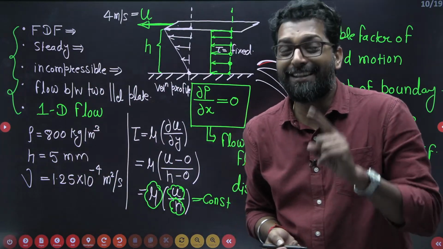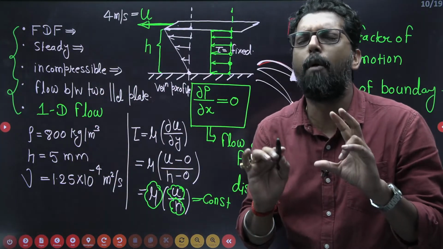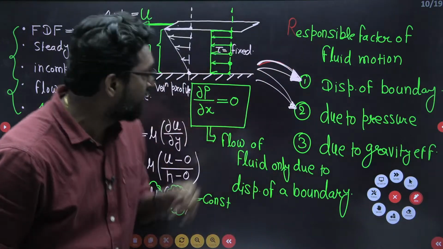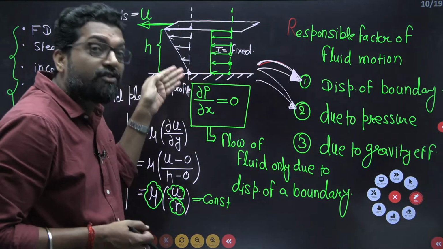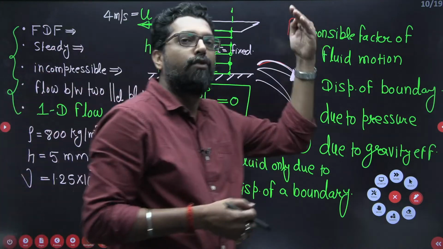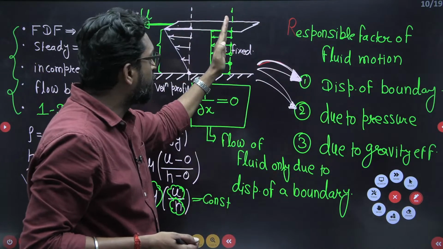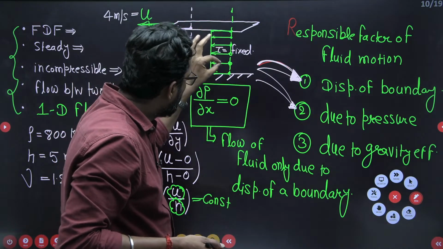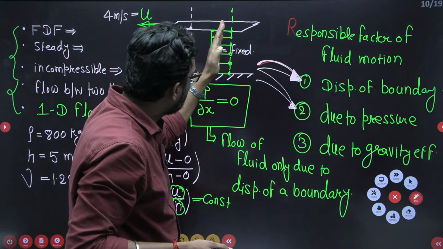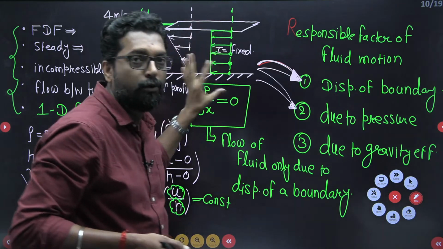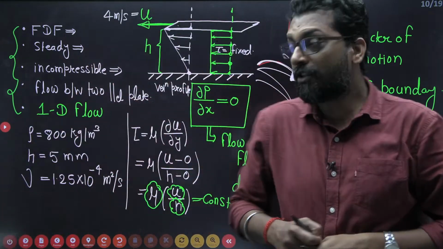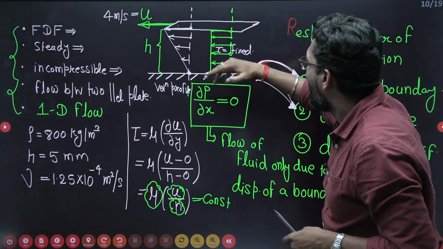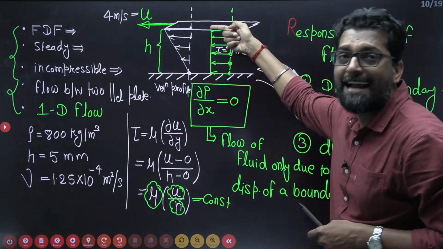The shear stress is nothing but momentum flux. So that means the flux of momentum is constant at any cross section, from top to bottom or bottom to top. That means the shear stress acting at the fixed plate is the same shear stress that acts at the top plate.